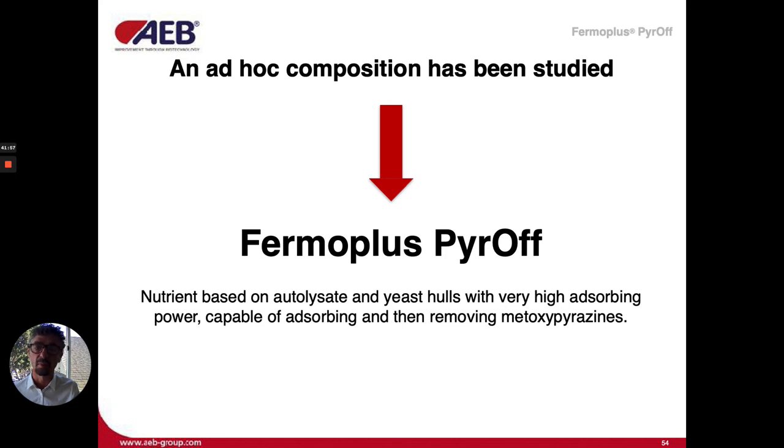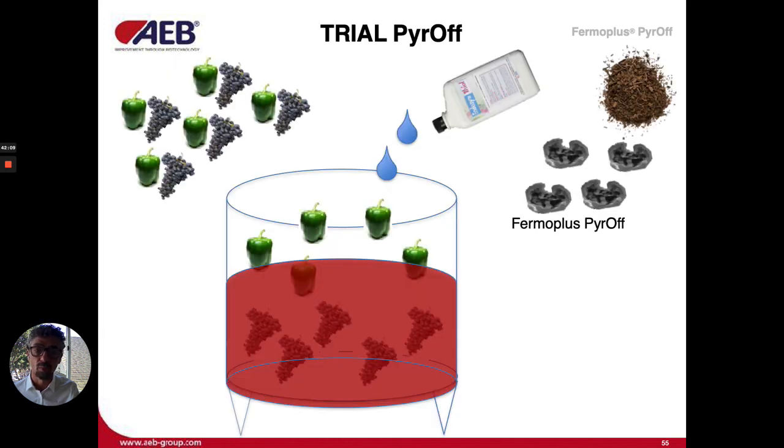It contains a little bit of amino acid, but its main goal is to absorb odors like pyrazine and eventually also smoke taint. So we add it to the fermentation, even with some enzyme to facilitate the extraction eventually. And when the wine is racked, a good chunk of the pyrazine is racked with the lees.